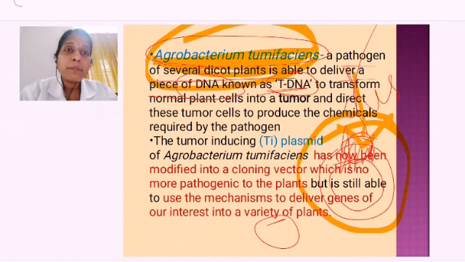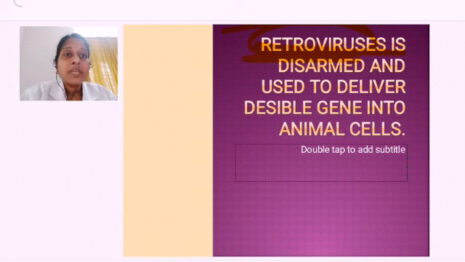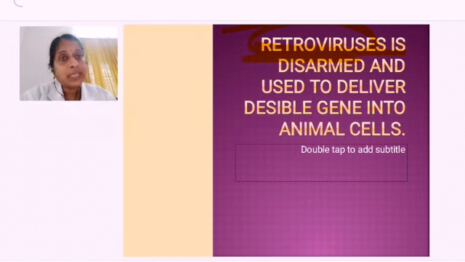In that, I am removing the segment which is causing diseases, and in that I am introducing my gene of interest and delivering the gene into the plant through a vector, Agrobacterium tumefaciens. The same in animals, what are we using? The retroviruses. Hope it's clear. Next topic we are going to discuss is insertional inactivation. Again, it is coming under vectors only, the topic insertional inactivation. Okay.